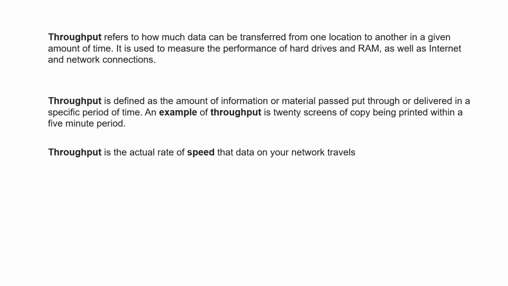Throughput is defined as the amount of information or material passed through or delivered in a specific period of time. For example, throughput is 20 pages of copy being printed within a 5 minute period. Throughput is the rate of speed at which the data on your network travels.